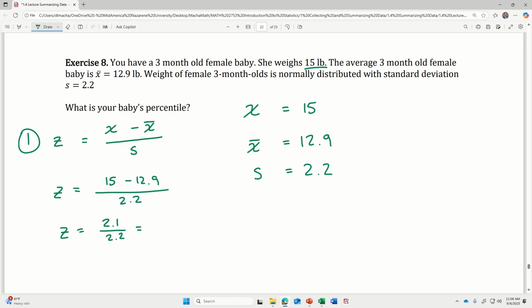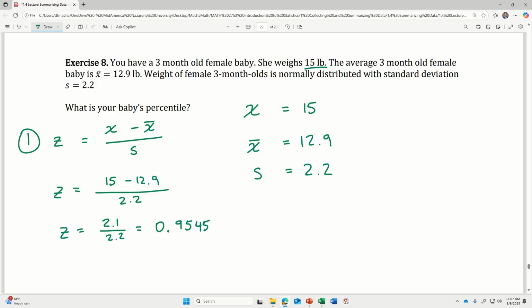Got to get out my calculator. 2.1 divided by 2.2 is 0.9545. Now that we have the z-score, we can convert this to a percentile.